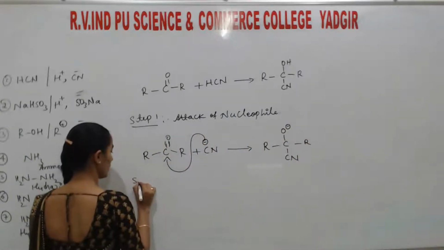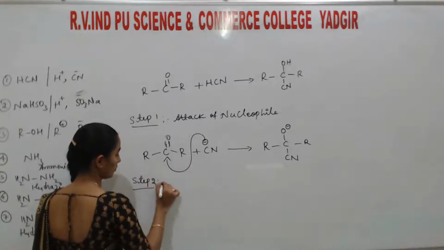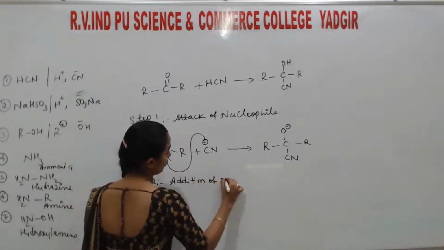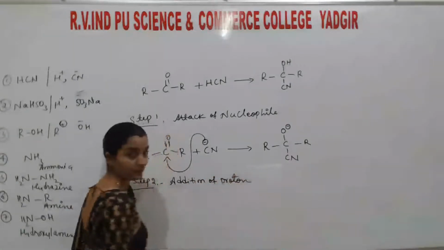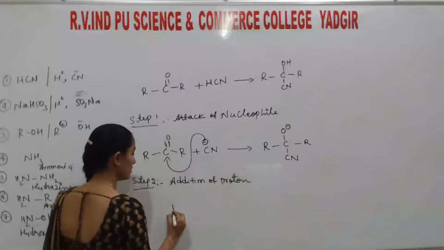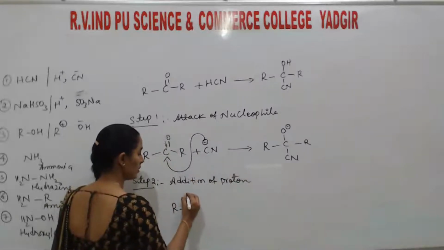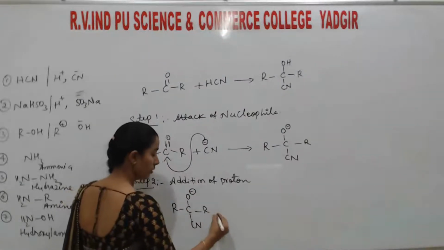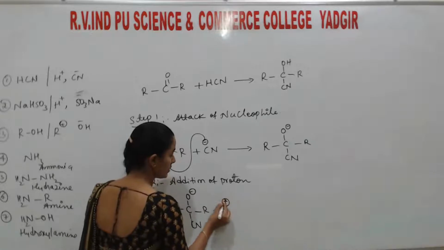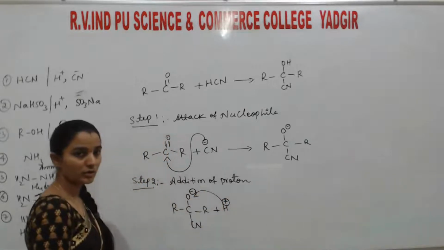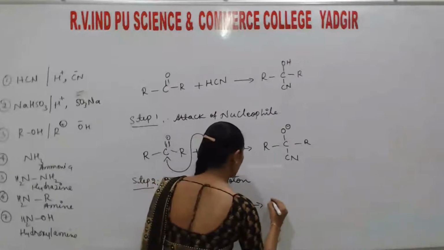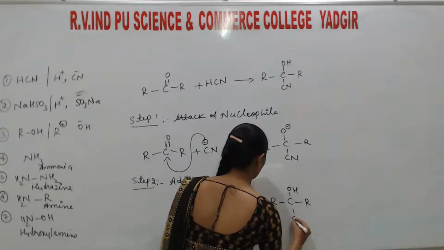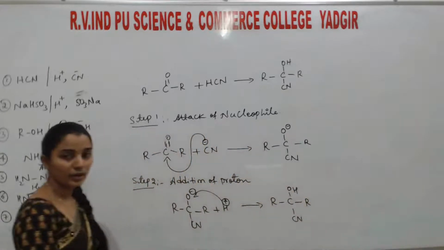This is the first step. In step 2, addition of proton. Here it is R, C, O minus, CN, R, plus H plus. This H plus bonds to this oxygen and forms R, C, OH, CN, R. This is how the reaction takes place.